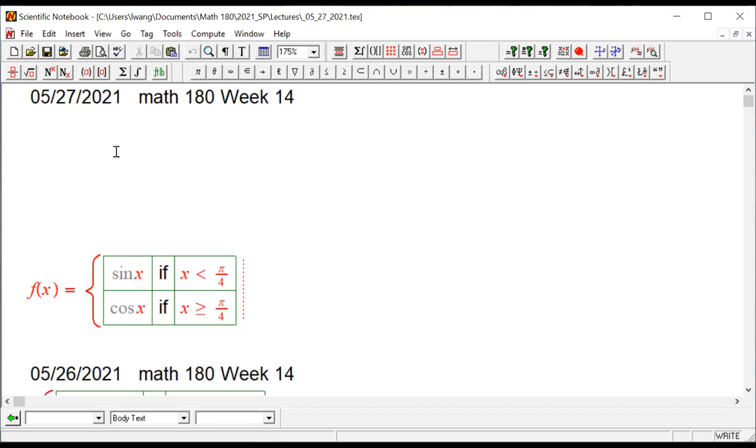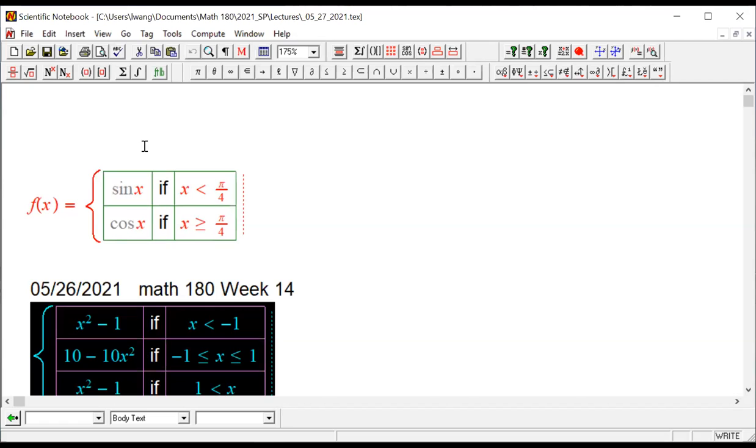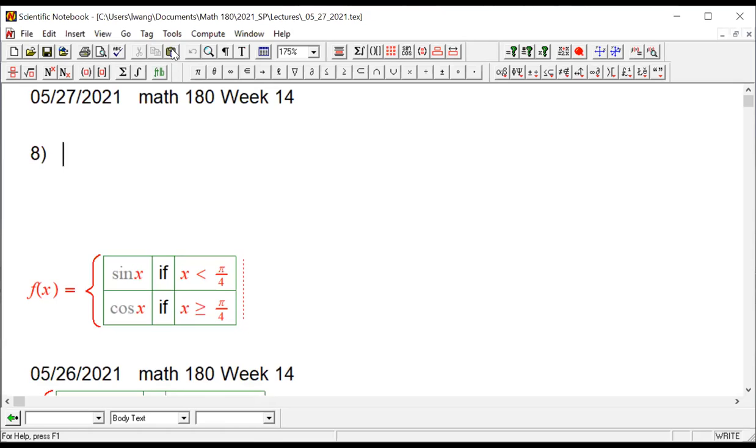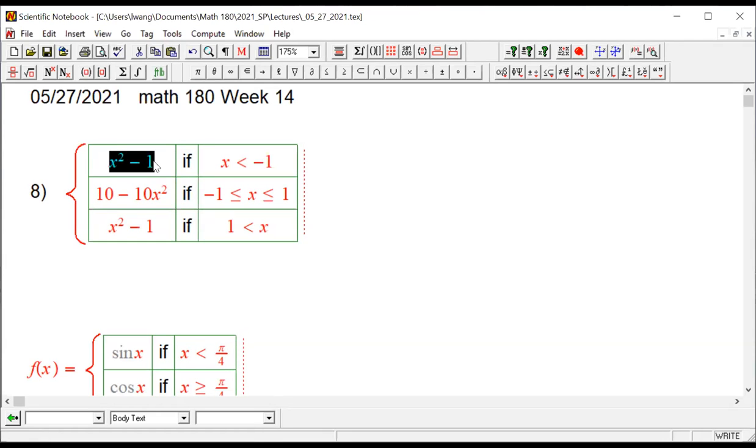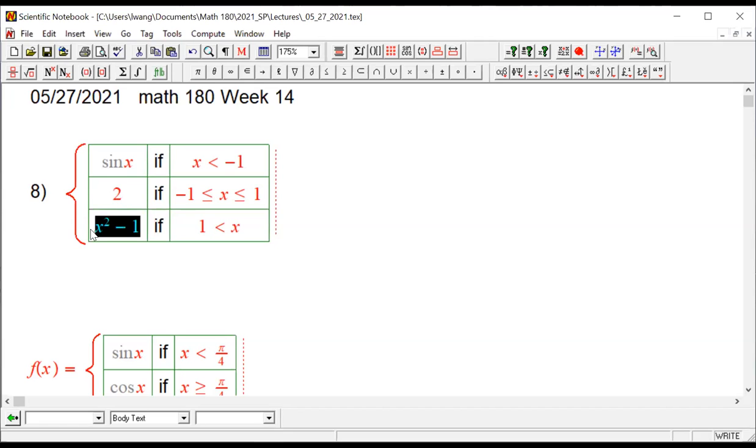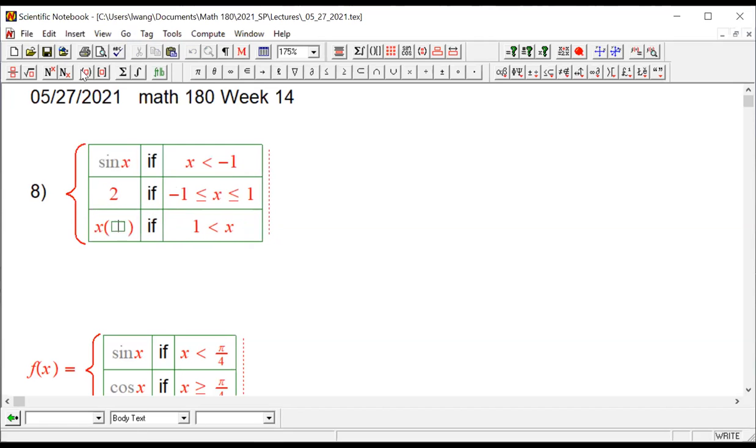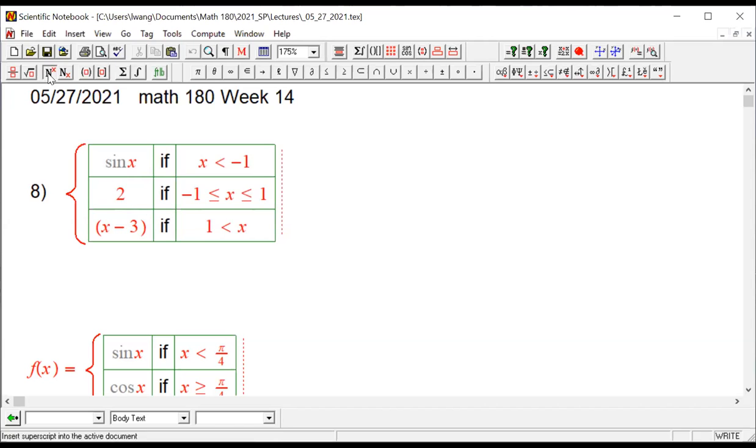Let's try number 8. I want to see if this one will work. This one doesn't have that many, just one sine x. 2 x minus 3, x minus 3 squared.